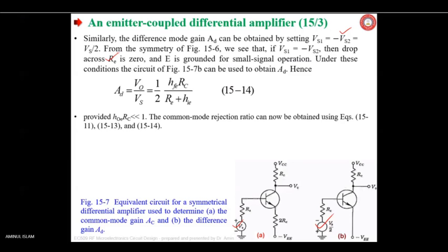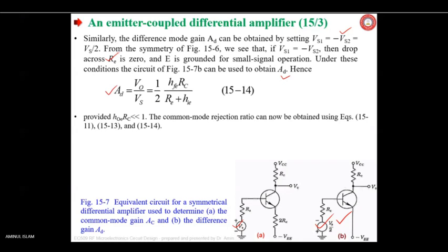And the emitter E is grounded for small signal operation. Under these conditions, the current circuit of figure 15-7b can be used to obtain AD.